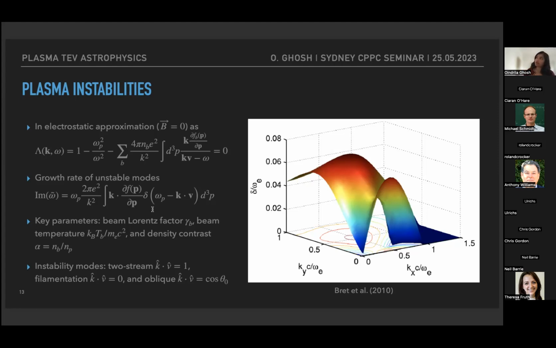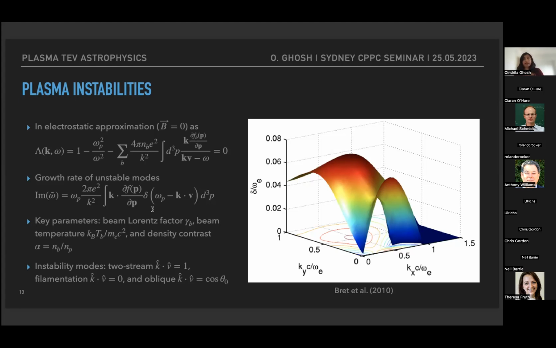And the density contrast here means the ratio of the number densities of electrons between the pair beam and the background plasma. So these three parameters seem to be the most important while determining the growth rate and therefore the energy loss from these unstable modes.